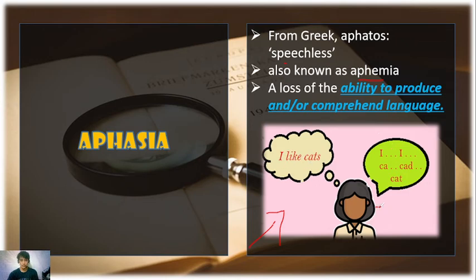Nahihirapan siyang intindihin kung ano ba yung cat, or nakalimutan niya ano ba ang itsura ng cat, hayop ba yan, or tao ba yan, so naguguluhan siya. Hindi rin niya masabi, that's why nahihirapan siyang i-speak out yung mga words, or nahihirapan siyang makipag-usap. So that is a condition of aphasia.